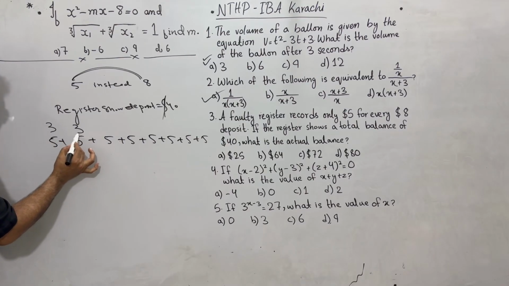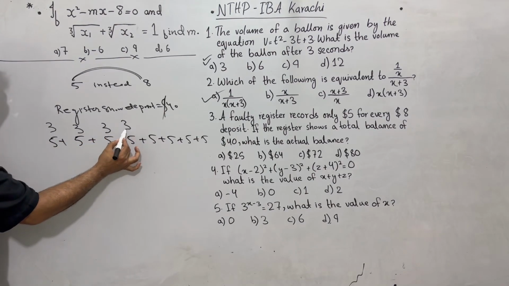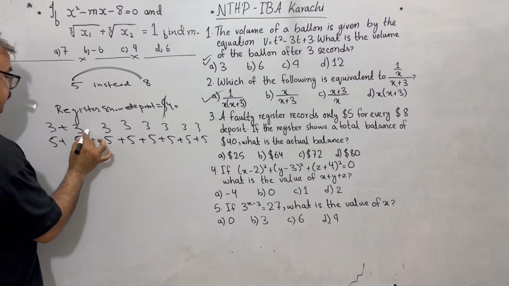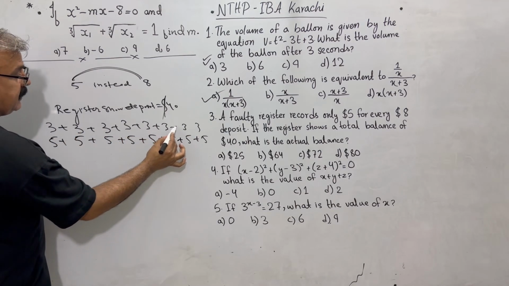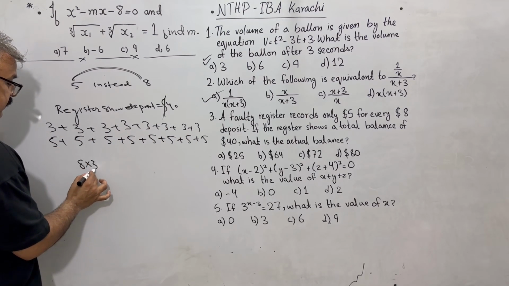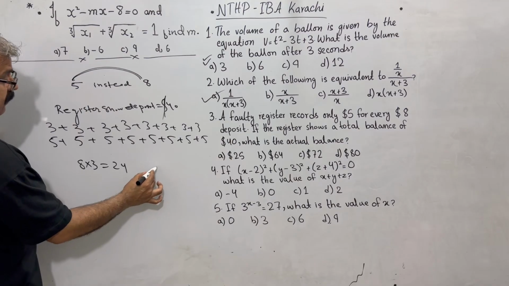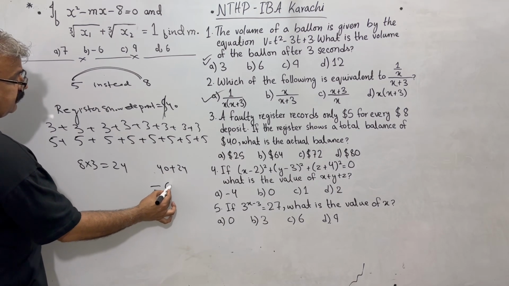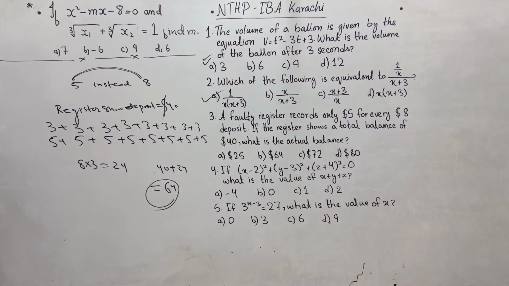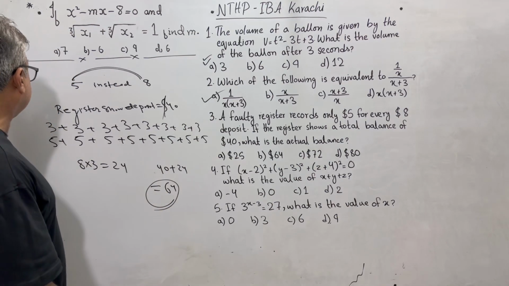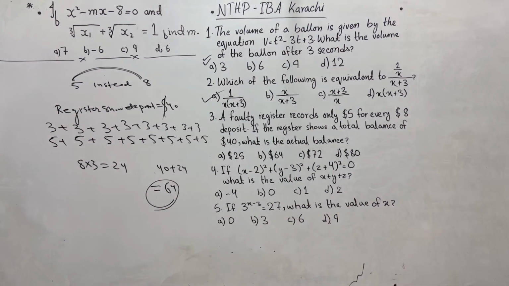If we add them up, 8 3s are 24. It will become 40 plus 24, so 64 must be the actual amount to compensate for the error that has been made by the record keeper or register.